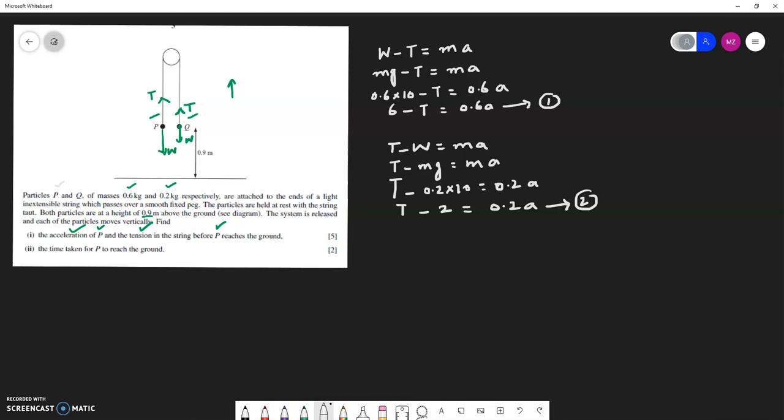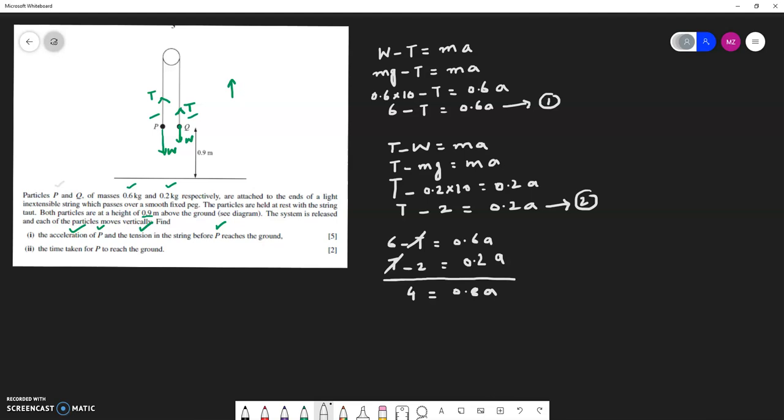So let's solve these two equations. 6 minus T is equal to 0.6 A, and T minus 2 is equal to 0.2 A. So we solve these two equations simultaneously. Now this T cancels with this T, and we are left with 6 minus 2 is equal to 4, and this will become 0.8 A.